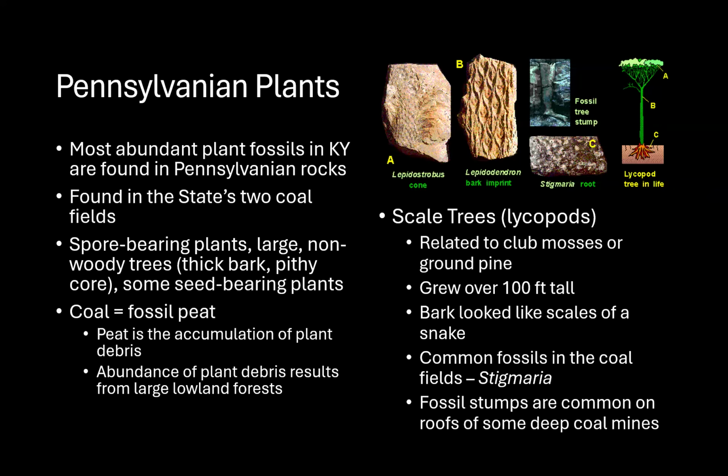I think a lot of people tend to forget what coal really is. A lot of people probably think of coal as just a form of rock, but truly coal, in the term of fossil fuel, literally is a fossil of plant debris.